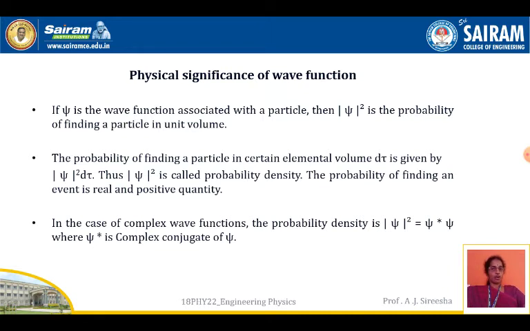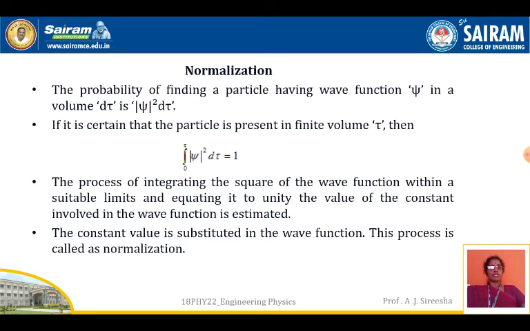So before going to those, we should have knowledge of probability density, normalization, complex conjugates, and a little knowledge of complex numbers. So mod psi whole square is nothing but psi star psi, where psi star is the complex conjugate of psi.